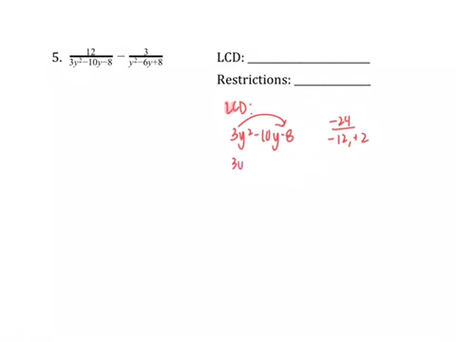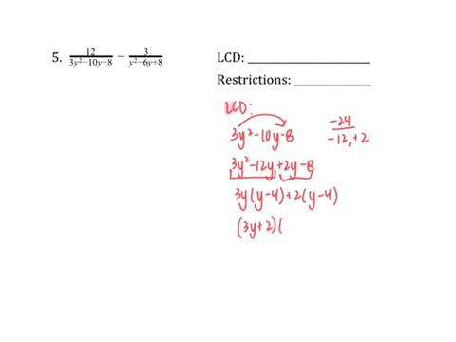So I've got 3y squared minus 12y plus 2y minus 8. Group them. Take the 3y out because those two have it in common. And that would be y minus 4. Take the 2 out because they have that in common. Be y minus 4. So we've got 3y plus 2 times y minus 4.